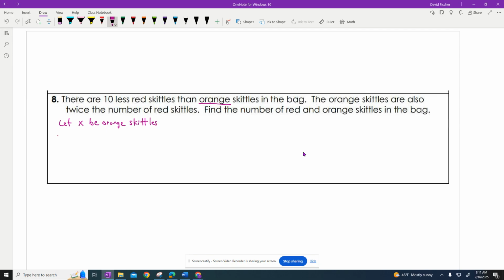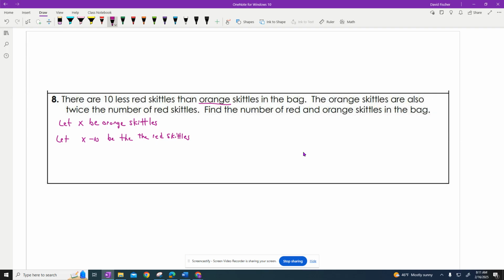And then we're going to say, well, there are 10 less red Skittles than orange Skittles. So let X minus 10 be the red Skittles. All right, let's see what else they say. The orange Skittles are also twice the number of the red Skittles.